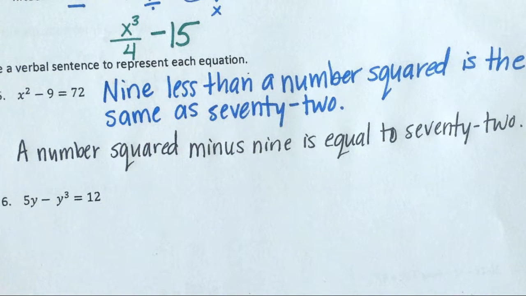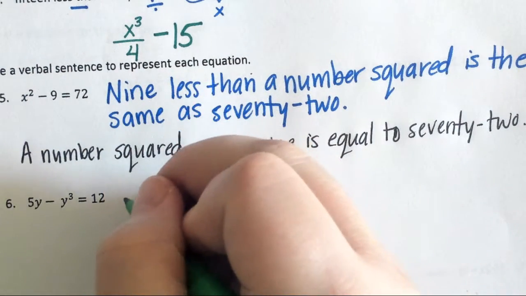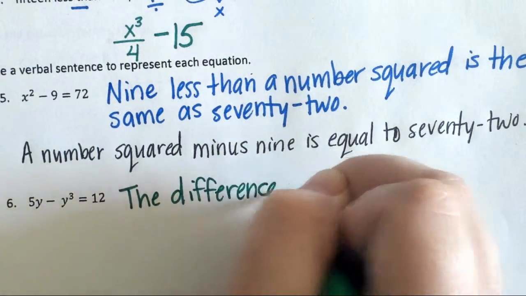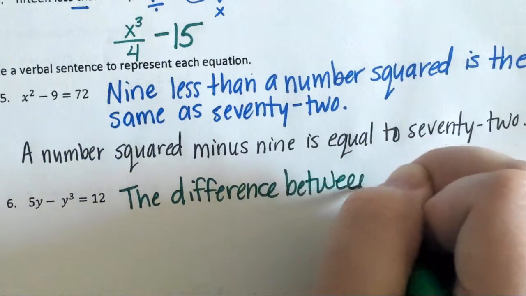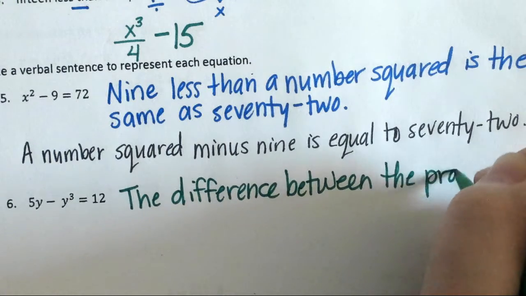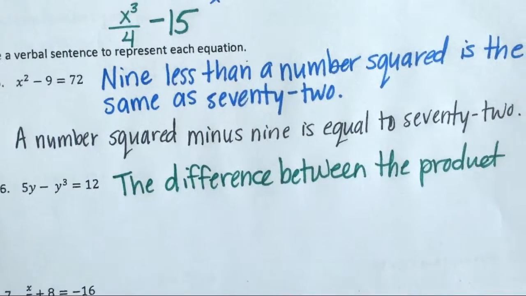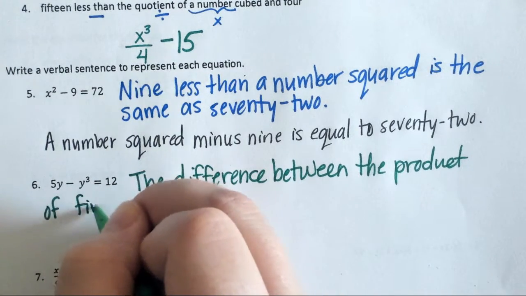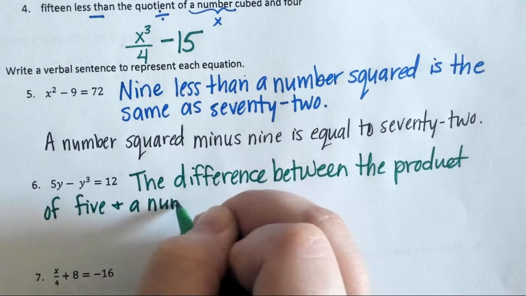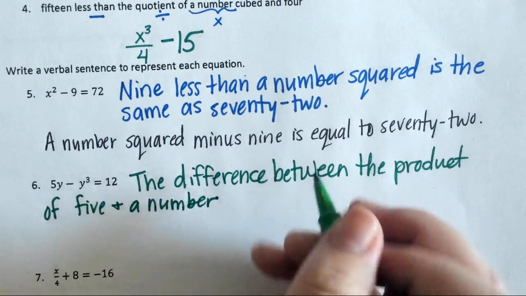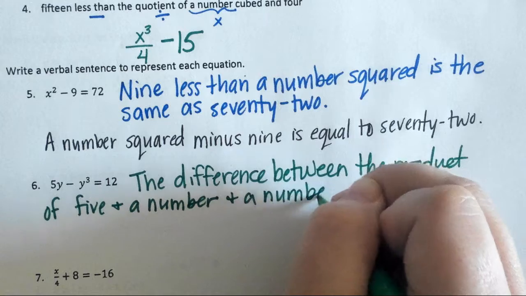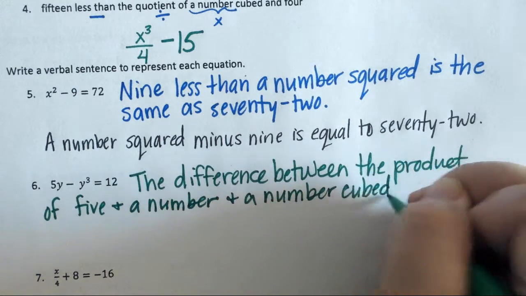Okay, so let's see. Some more fancy English. I would say on number 6, the difference between the product of 5 and a number, and a number cubed, and now I've given up, so equals 12.